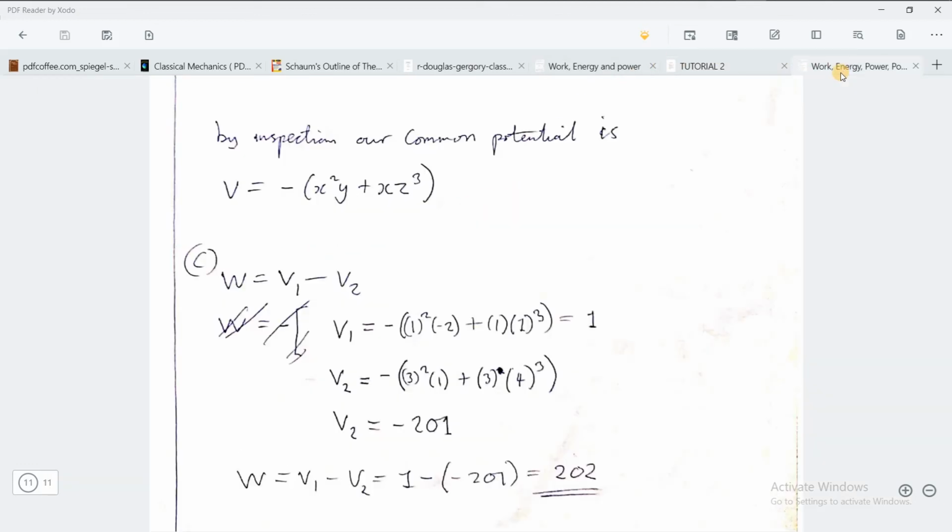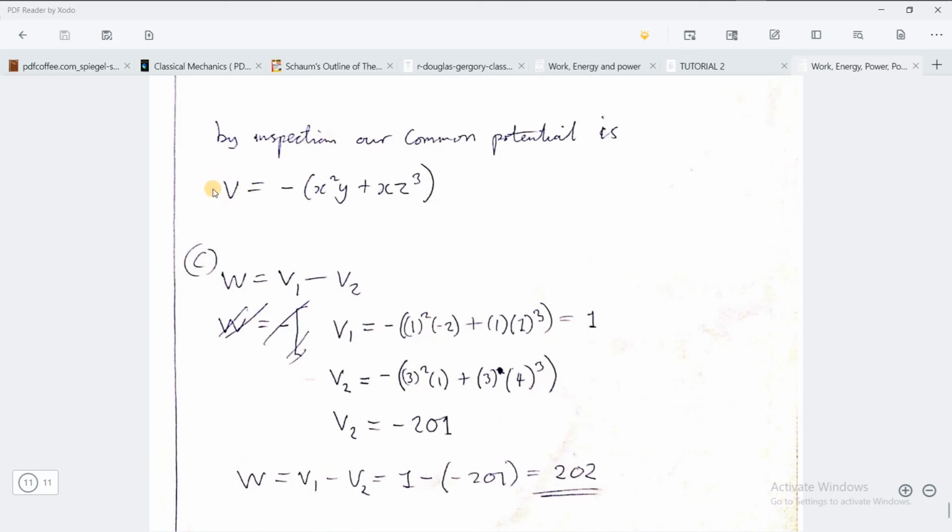Now if you can remember, the formula for work done was also defined as V1 minus V2, meaning potential at 1 minus potential at 2. Okay, if that is the case, we have found the potential here, which is this function.